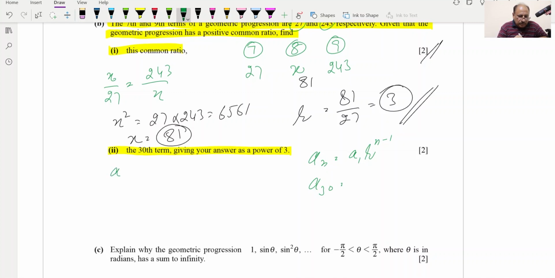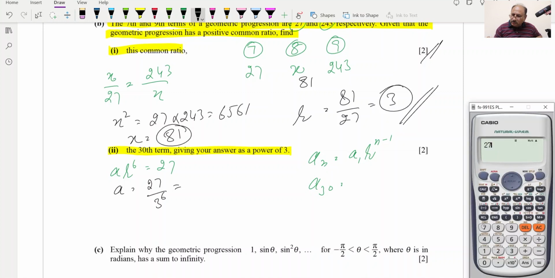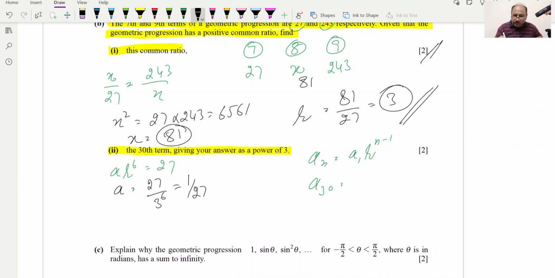We can use a r raised to the power 6 is equal to 27. So a will be equal to 27 over r value is 3, so 3 raised to the power 6, which is equal to 27 divided by 3 to the power 6, which is equal to 1 over 27. So 1 over 27 is a value.